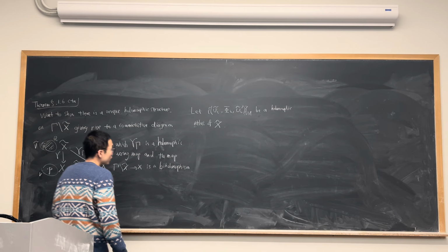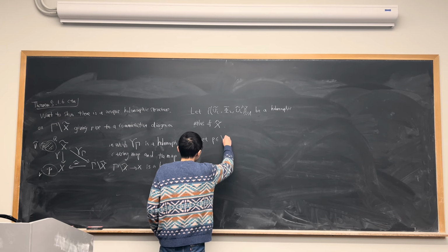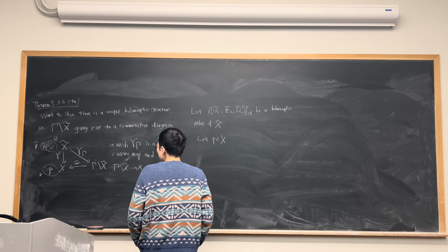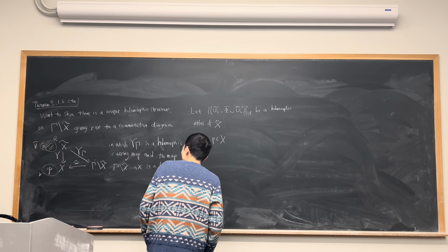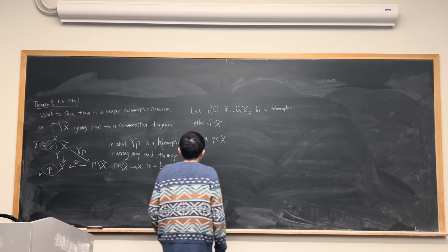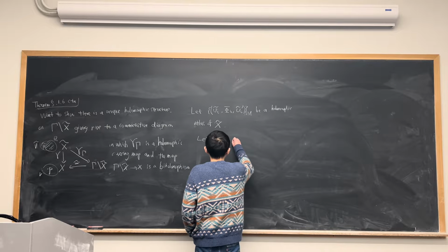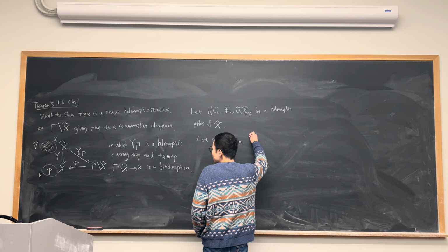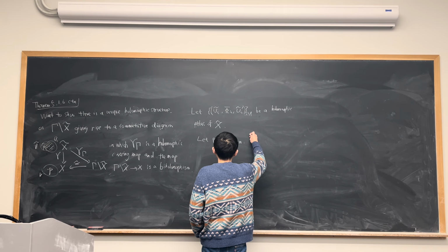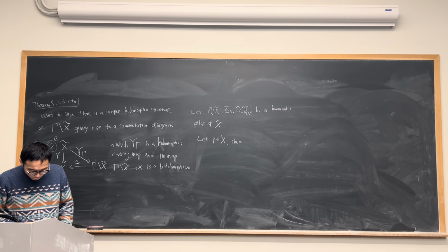So we've done this for P any point in X. What we claim is that we want to give this a holomorphic structure, right?